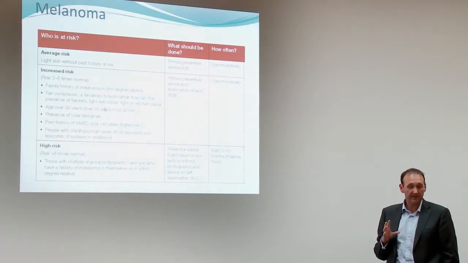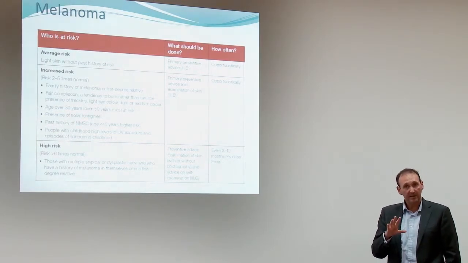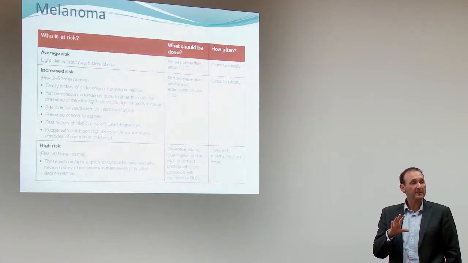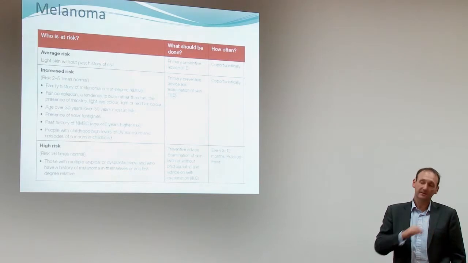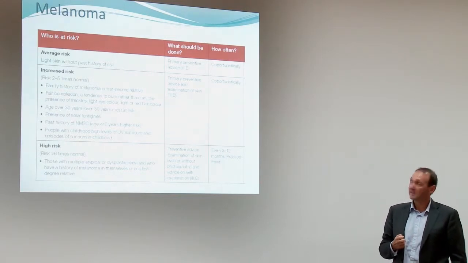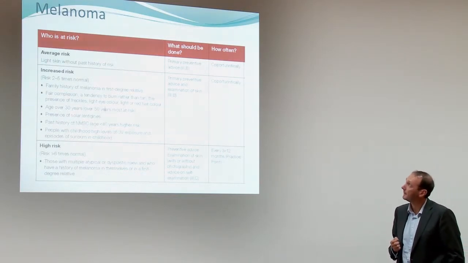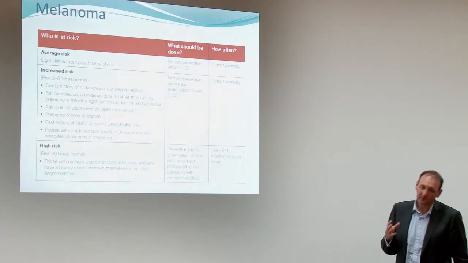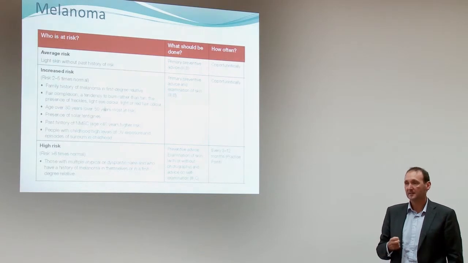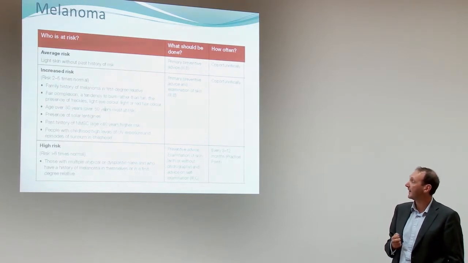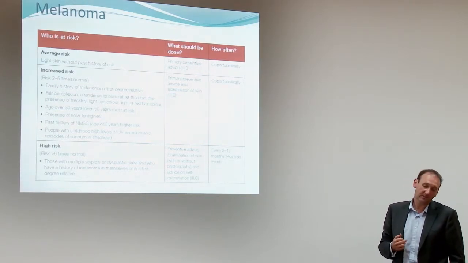If they've not had one done, then you may want to organise a total body skin check, either at that visit or on another visit. Probably another visit will be more convenient. And there's not very clear guidance as to how often you should then continue to do that, but certainly an annual basis would not seem unreasonable.